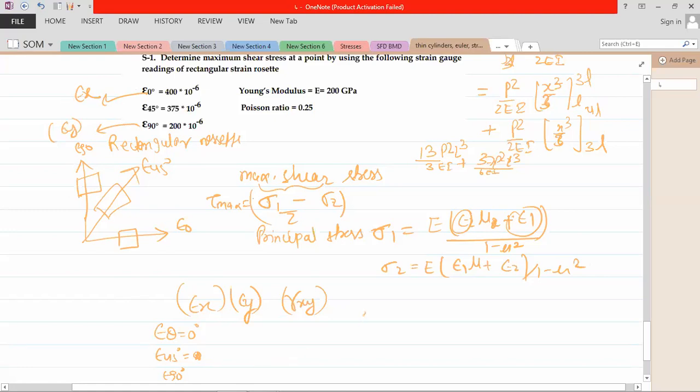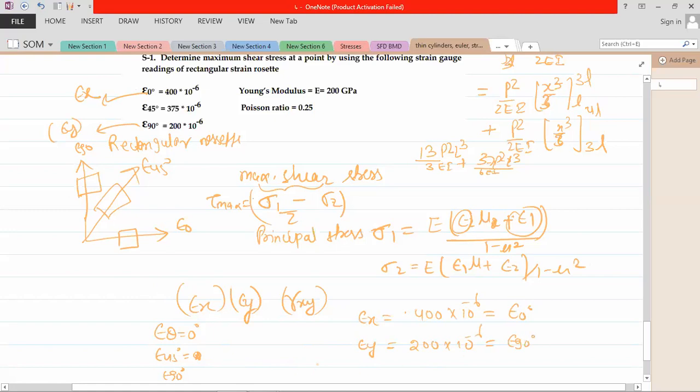Epsilon x is given around 400 into 10 raised to the power minus 6, that is your E0. Your epsilon y is given 200 into 10 raised to the power minus 6, that is your epsilon 90.